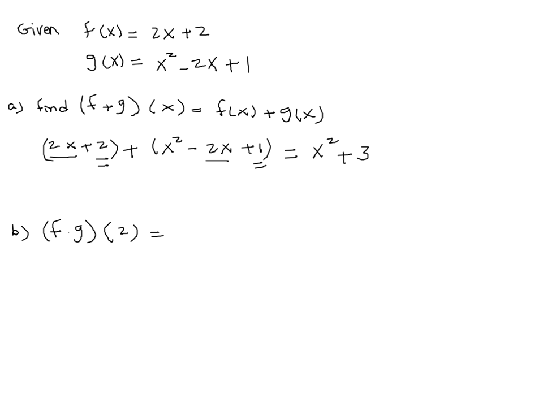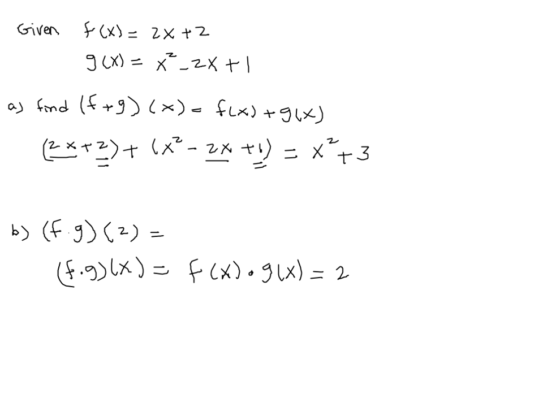The second one, we have f g of 2. So it means we need to find f g of x first. We can do that, which is the same as f of x times g of x.